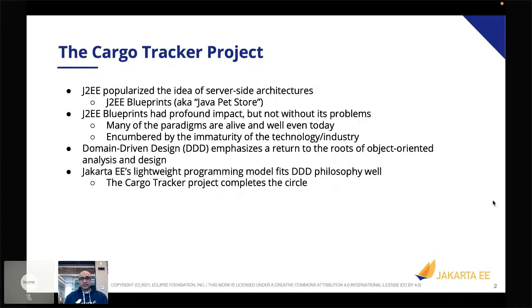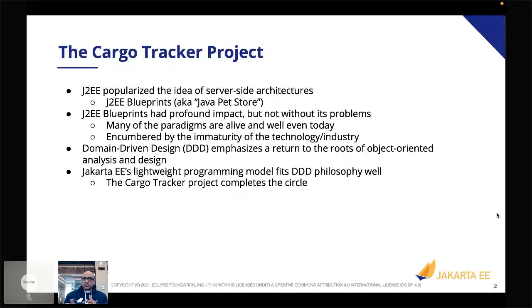At that point in time, I was working for Oracle. So I thought, here's what I'll do. I'll create a new version of what the J2EE blueprints or Java Pet Store was supposed to do. Instead of applying J2EE design-pattern-specific paradigms, I'll simply apply domain-driven design, because I know and have implemented domain-driven design well enough in Jakarta EE, and it fits very well.